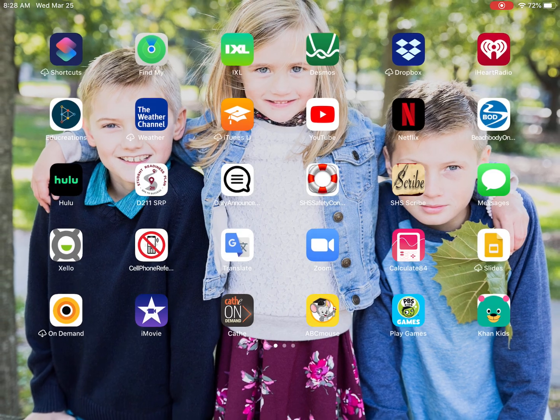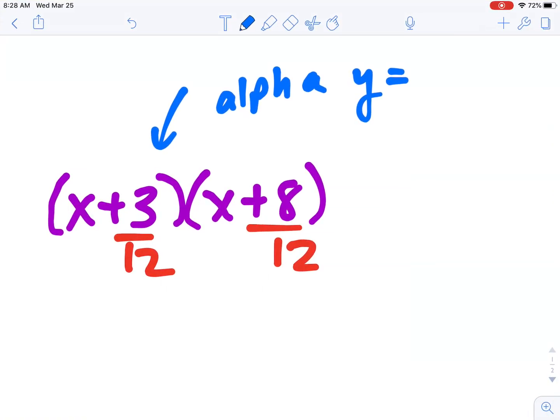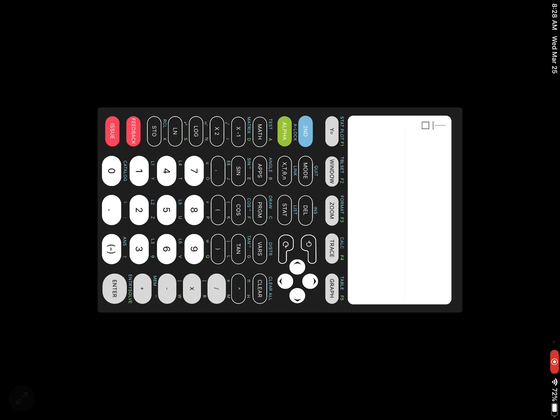It sets it up for us. So 3 over 12. If it gives it to you as a decimal, what we want to do is math. So math is right underneath that green alpha. And the first one says fraction, so hit fraction, so 1/4.